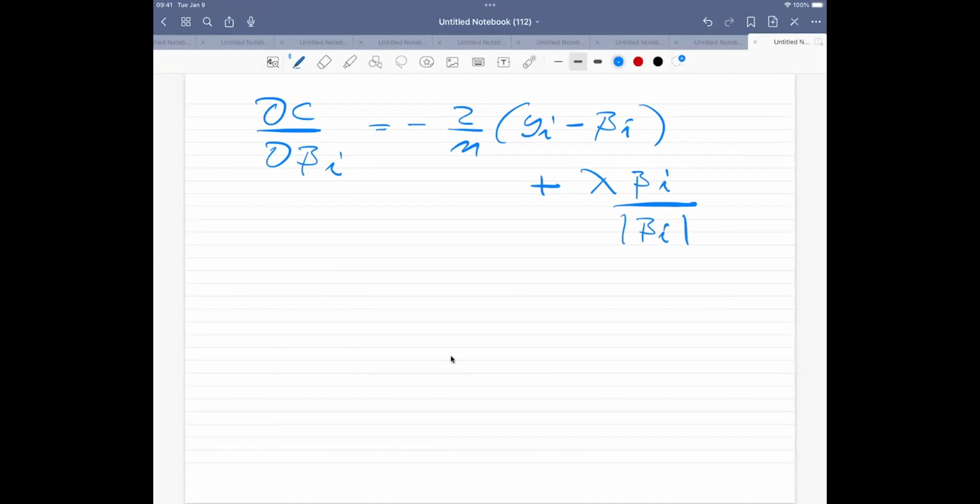And this is the quantity which we have to put equal to 0. Just keep in mind that when you take the derivative of an absolute value, you have to be careful with where it changes sign. So many people just set that value to 0 in order to calculate.